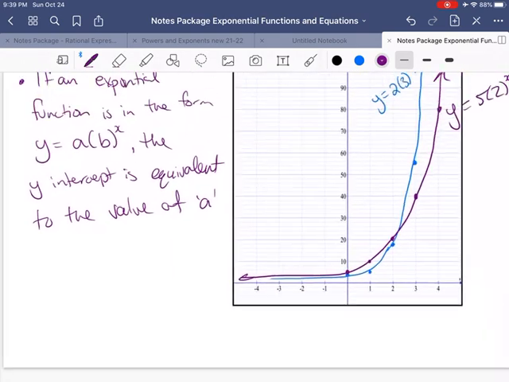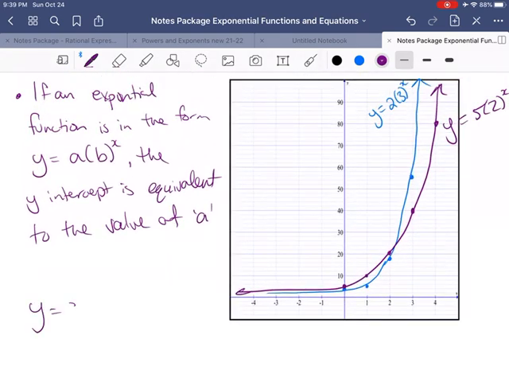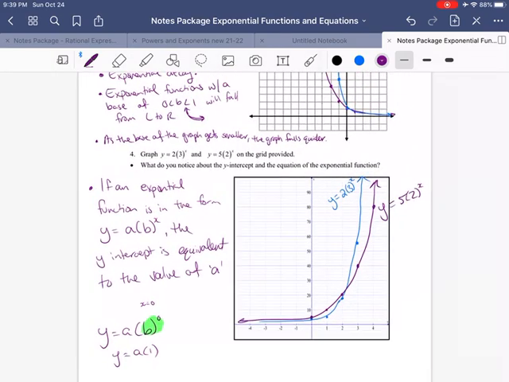And why is that? Well, if you're to plug in 0 for x, that means that this part, the b to the 0, becomes 1. And so you're just multiplying a multiplied by 1. So that's how you get the a value.